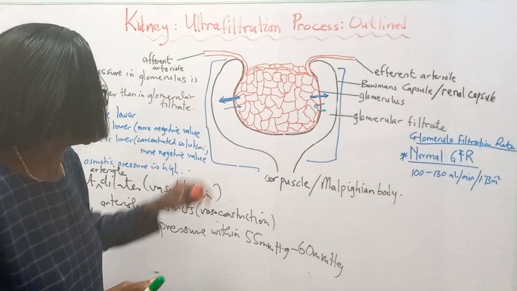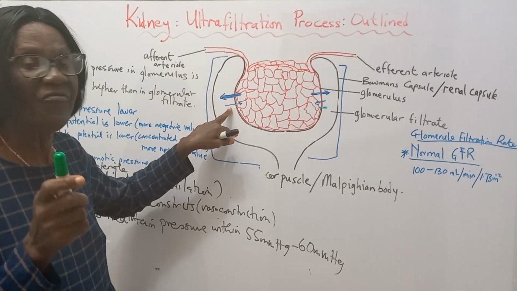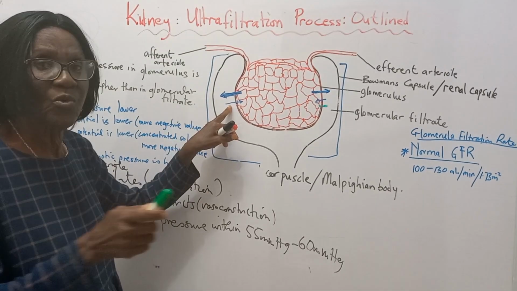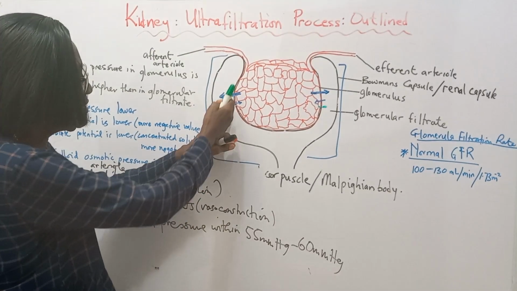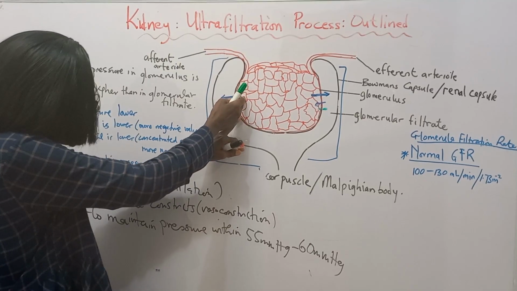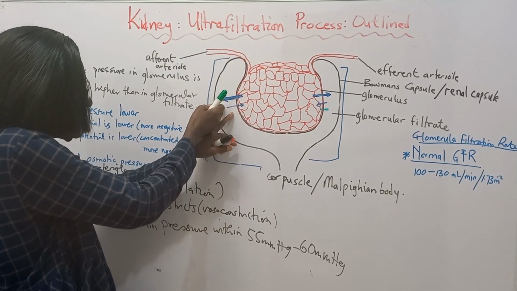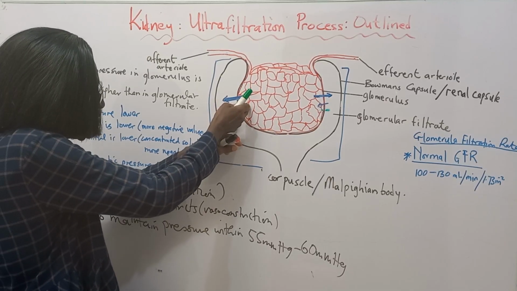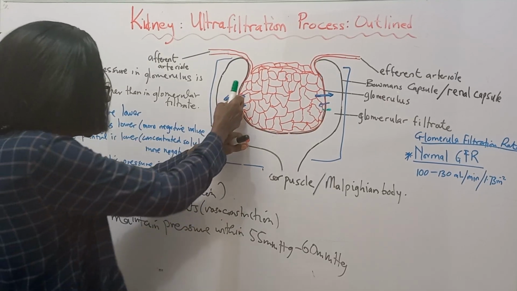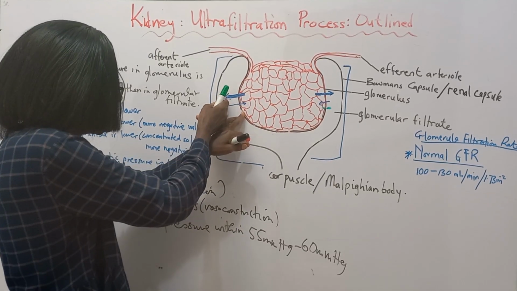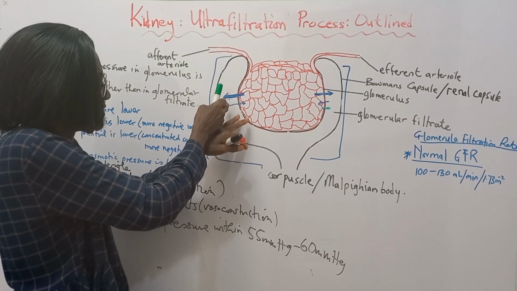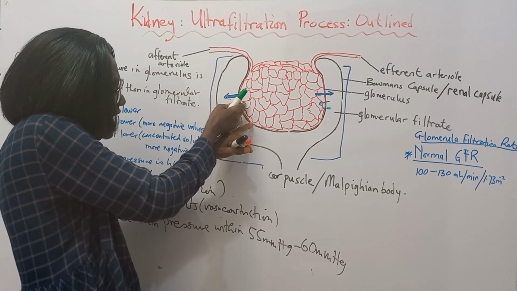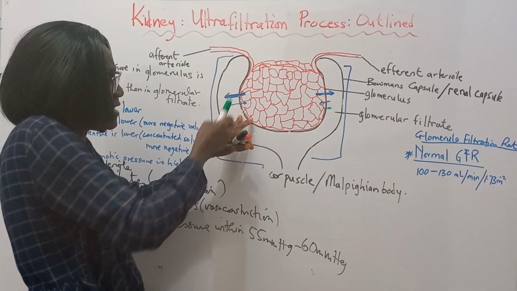Please, let's note that the direction of flow of filtrate is always a resultant between the direction of flow from the glomerulus and the direction of flow from the capsule into the glomerulus. It's hydrostatic pressure pushing substances into the capsule and pressure pushing substances out of the capsule into the glomerulus.